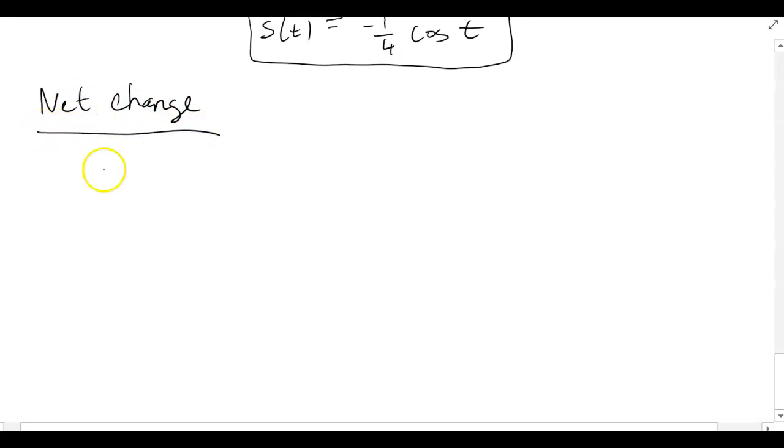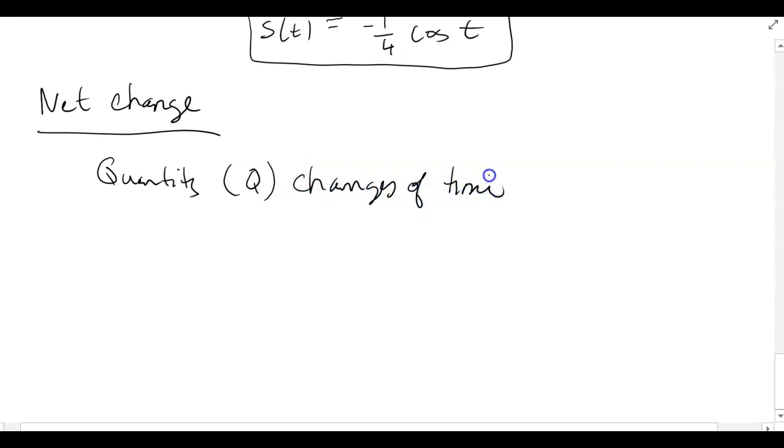So in general, suppose we have some quantity, we'll just call it Q, okay? That changes over time. And it can be anything. Production cost can change over time. Cell growth can change over time. Anything.